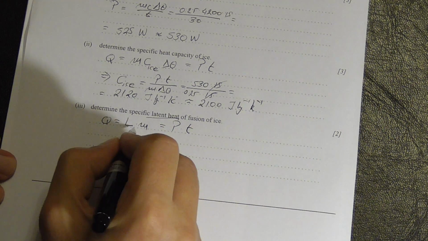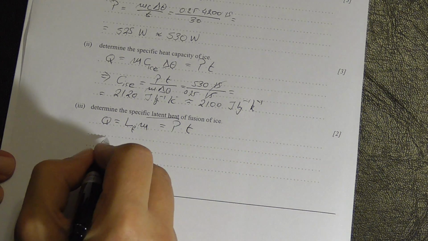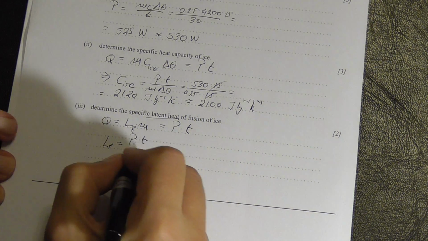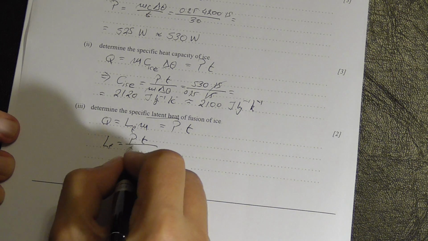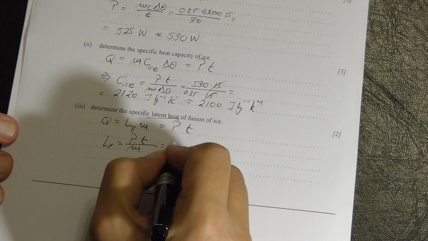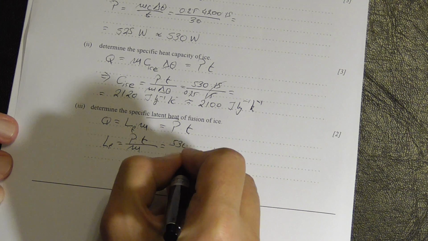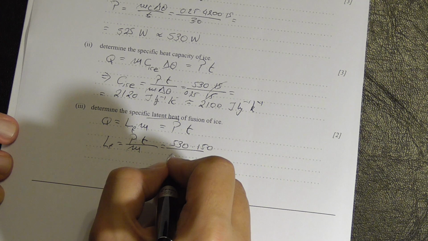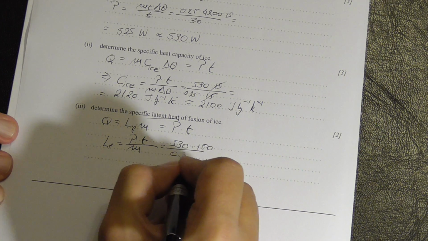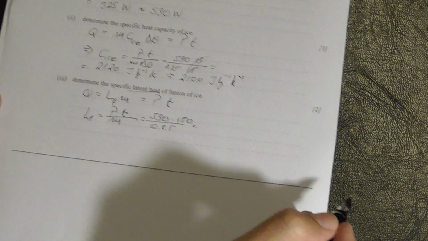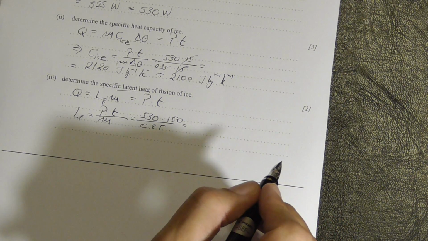So what do I want? I want latent heat of fusion. So LF is equal to power times T, that's the energy, divided by mass. So this is easy, 530 times 150, over 0.25. Do this calculation again with a calculator.